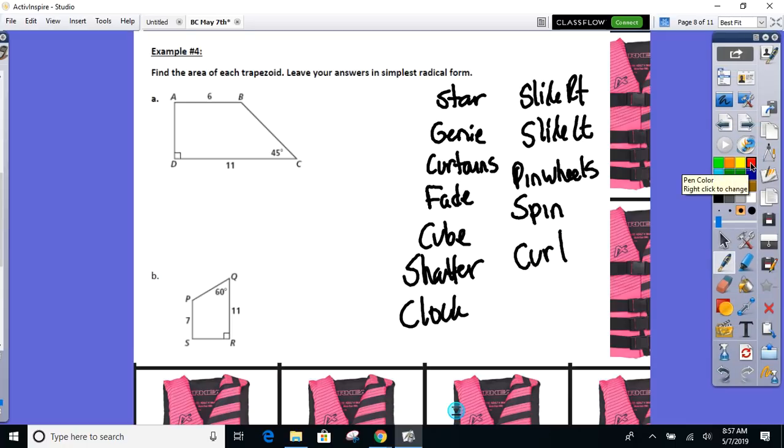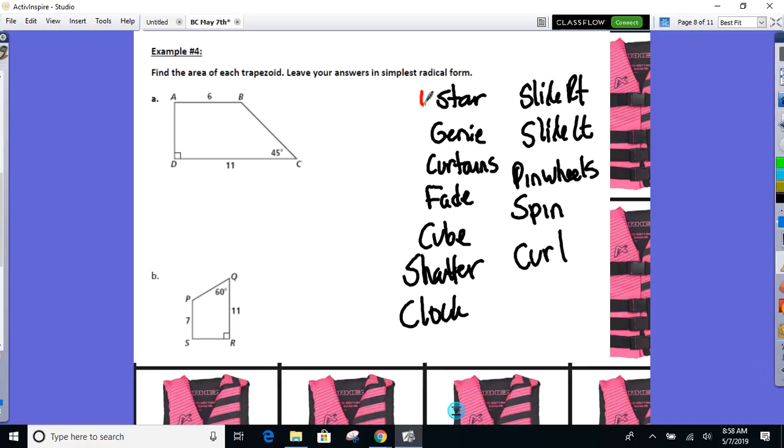All right, ready to roll? Period 2 only. Here we go. Star. Genie. Curtains. Fades. Cube. Shatter. Clock. Slide right. Slide left. Pinwheels.